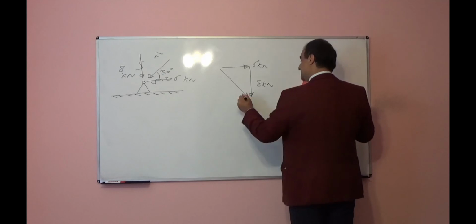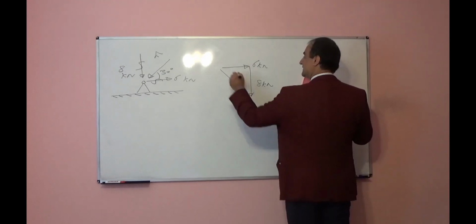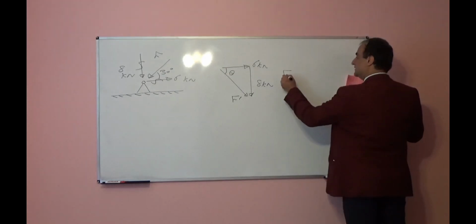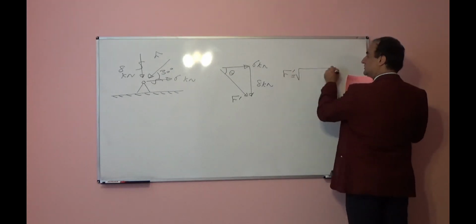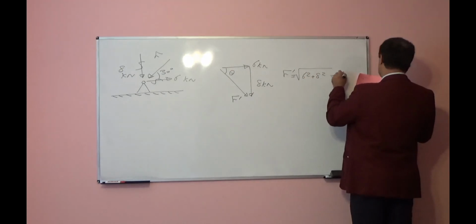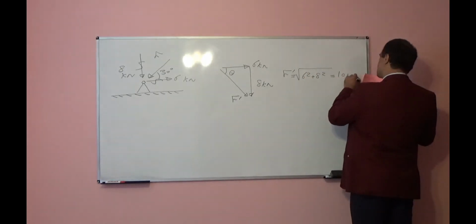If I call it F prime and this angle is theta, F prime will be equal to square root of 6 squared plus 8 squared. That will be 10 kilonewton.